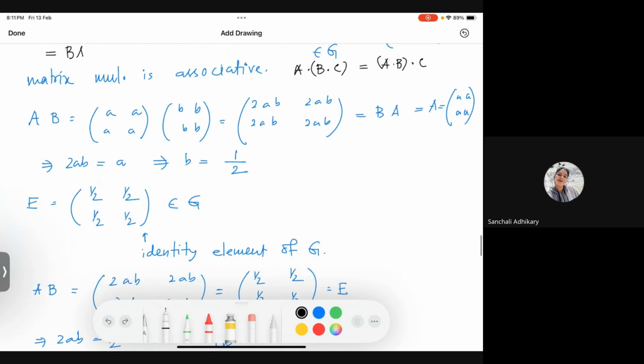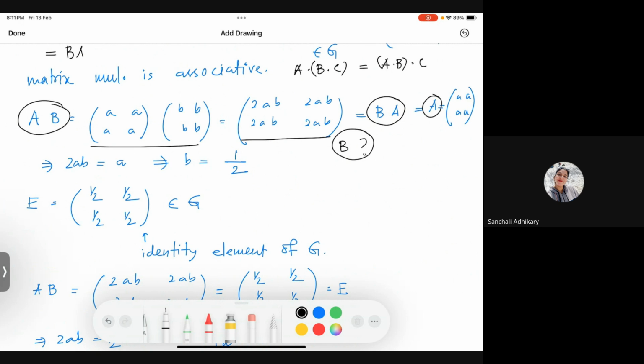Now I want to find whether the identity element exists. I need AB equals BA equals A. For which B does this hold? If I multiply, I get this.